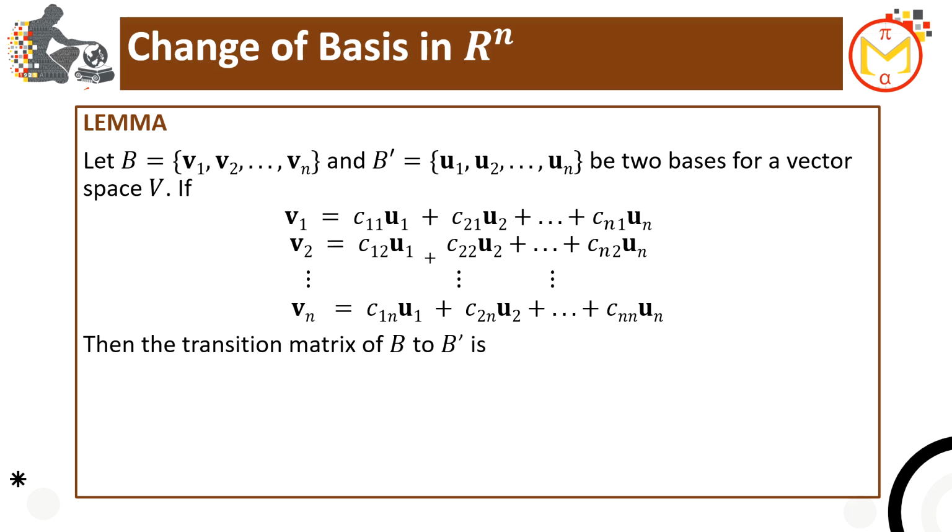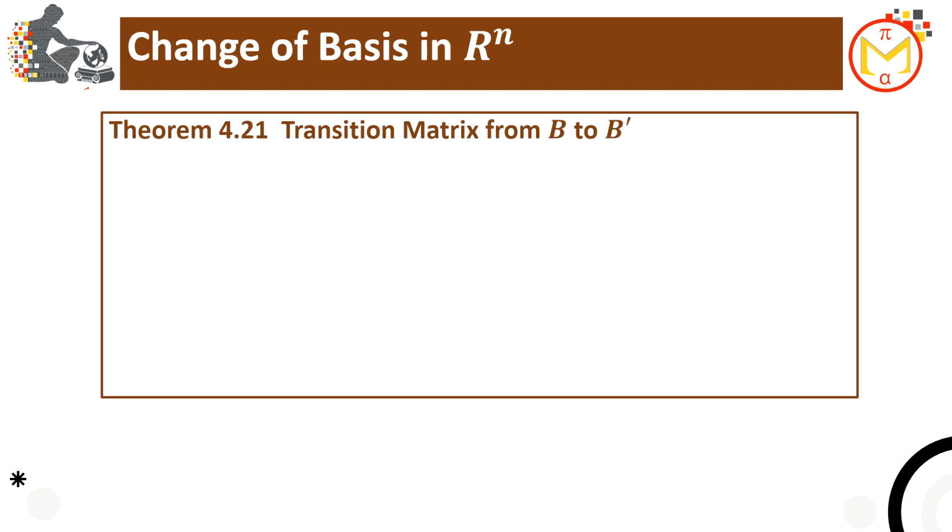If we have a vector that is a linear combination of the vectors in B prime, and then we have several equations, the transition matrix from B to B prime is written this way. So that's actually the coordinates. Now these are the coordinate matrices of this equation, of the transition matrices.